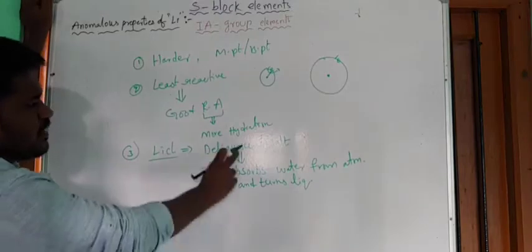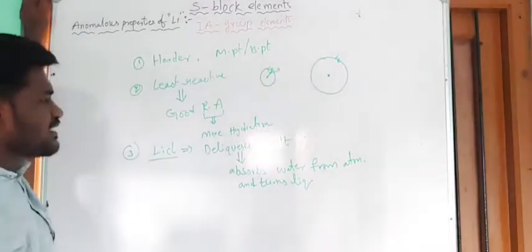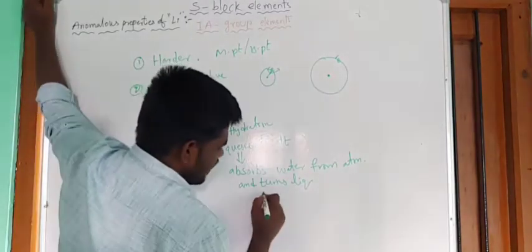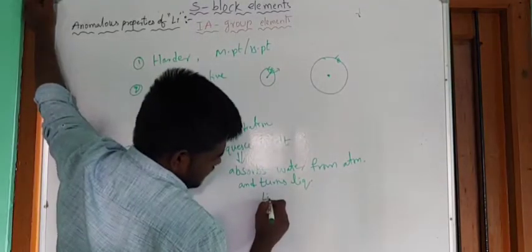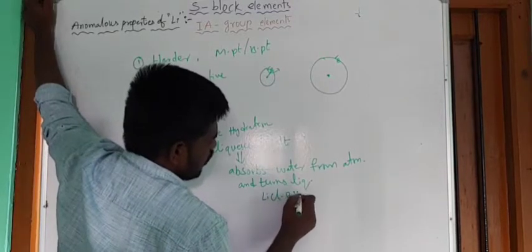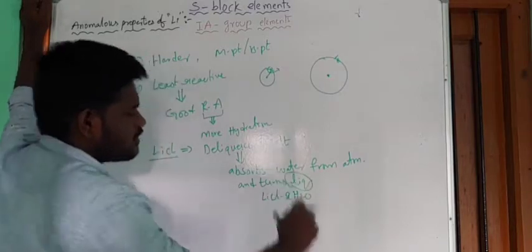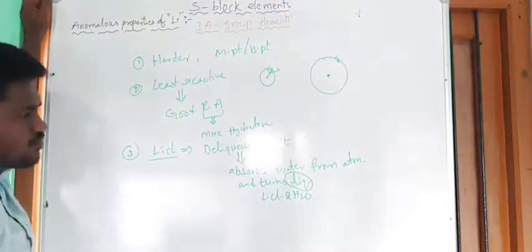So lithium chloride absorbs the water molecules present in the atmosphere and is present as a hydrated salt, that is LiCl.2H2O. In this liquid, LiCl is present in the dissolved state, right?